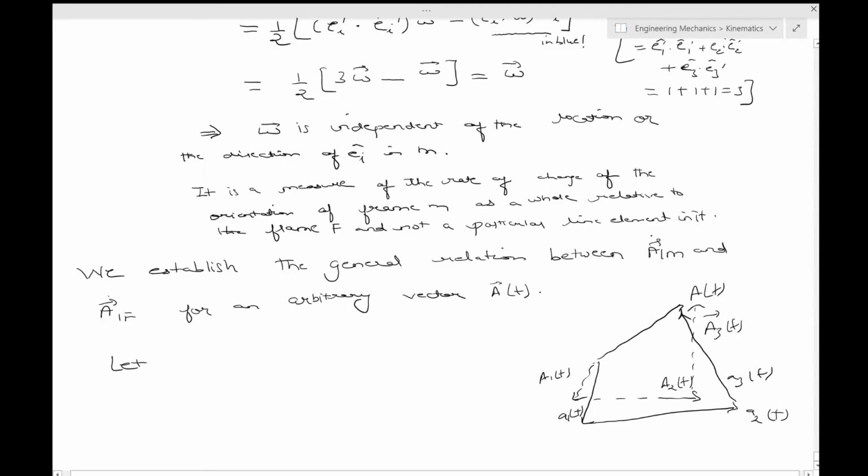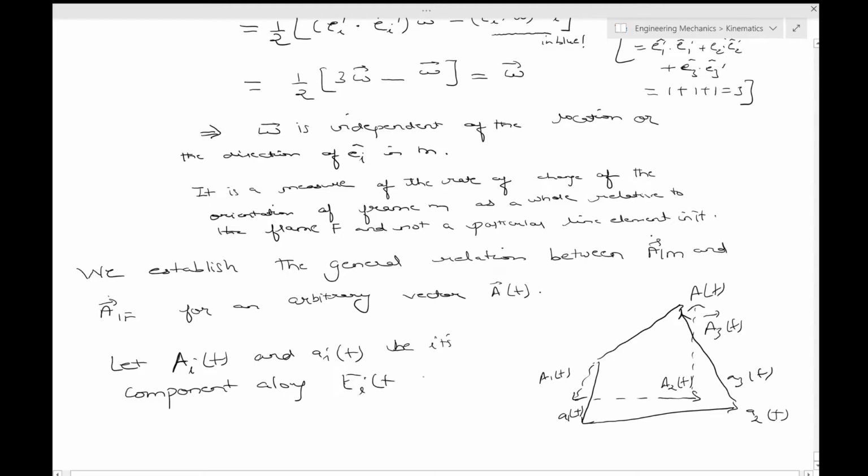Okay, so let A of t and AI of t be its component. Whose component? The vector A, its component along the capital EI.